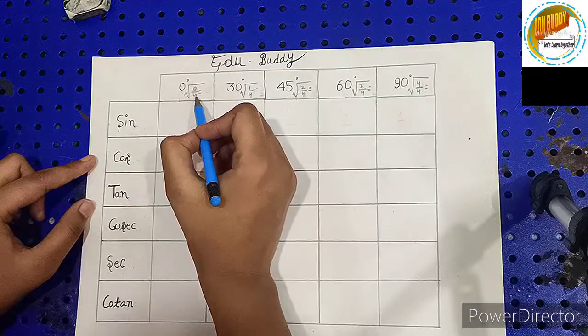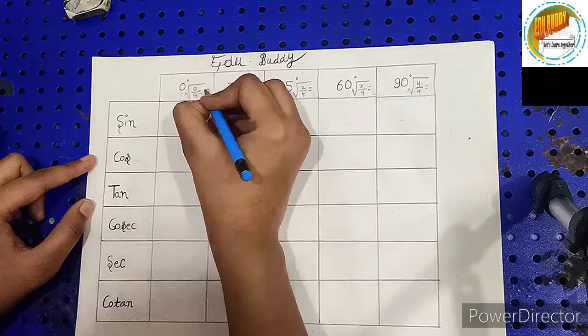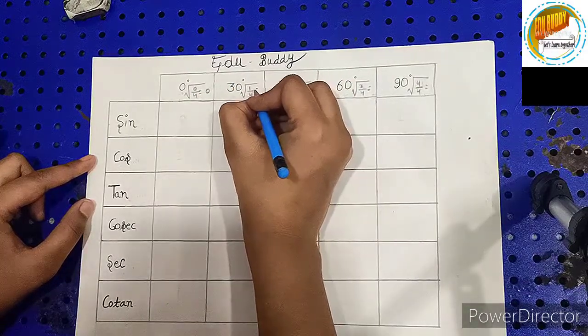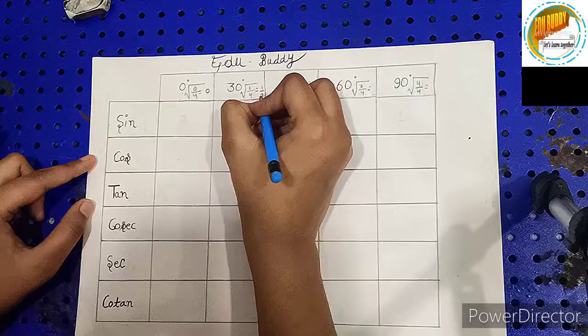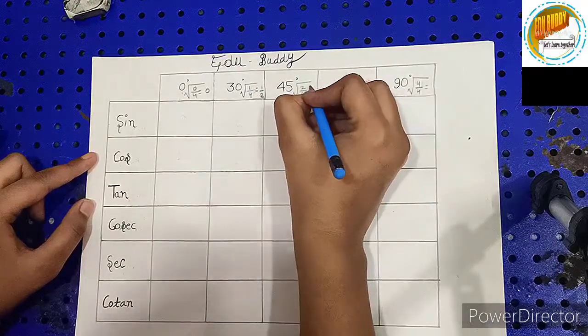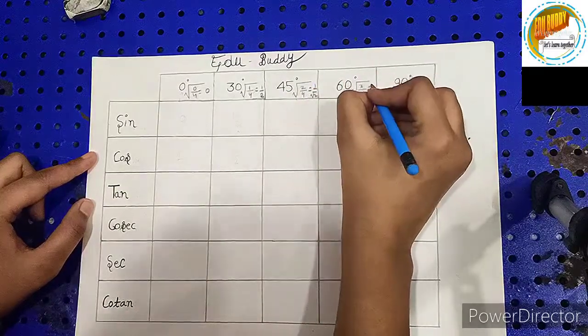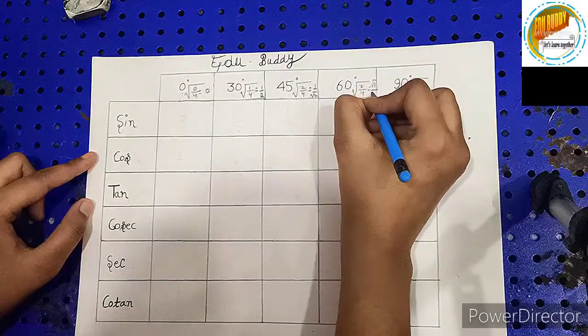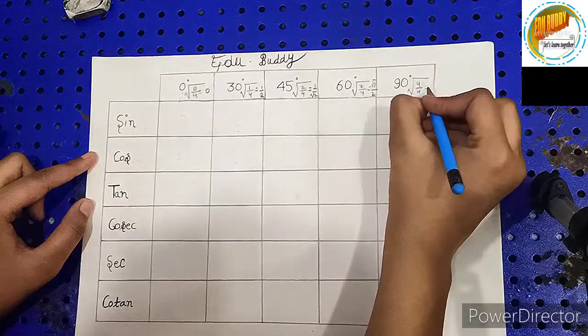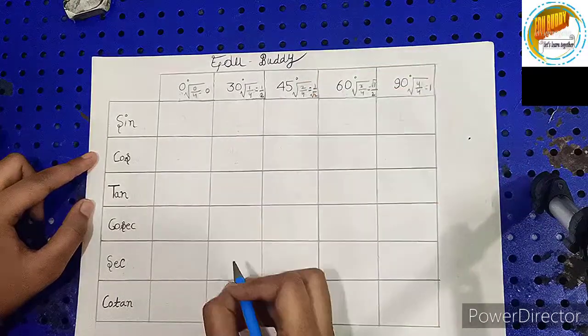Now whole root of 0 by 4 is 0, whole root of 1 by 4 is 1 by 2, whole root of 2 by 4 is 1 by root 2, whole root of 3 by 4 is root 3 by 2 and whole root of 4 by 4 is 1.